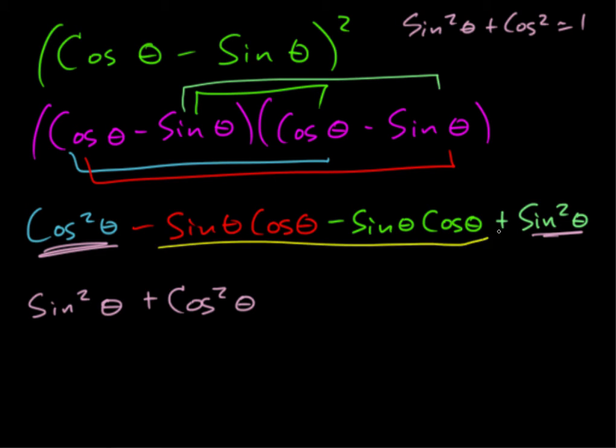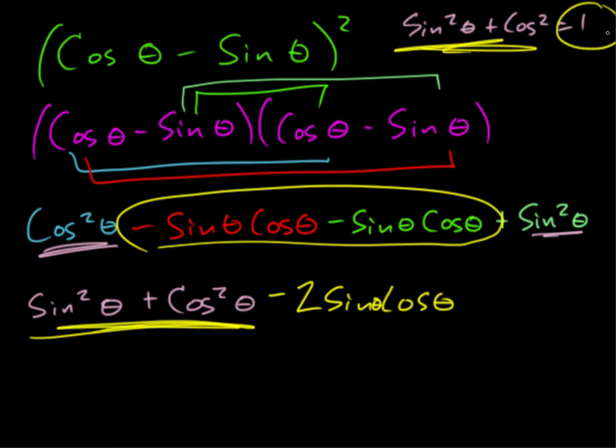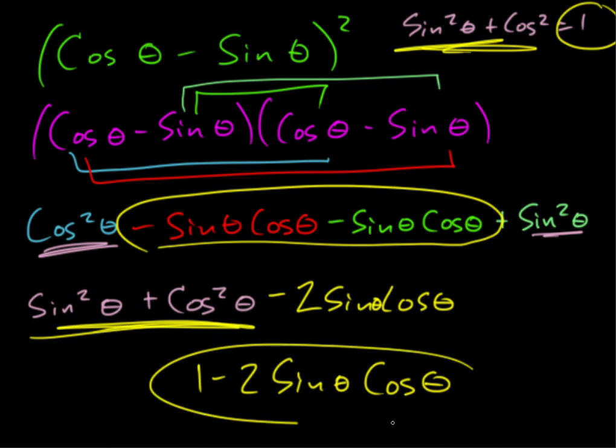And then we can also combine these. Negative 2 sine cosine. Put my thetas in there. This thing is just equal to 1. So it's going to be 1 minus 2 sine theta cosine theta. And I think that's all we can do with that.